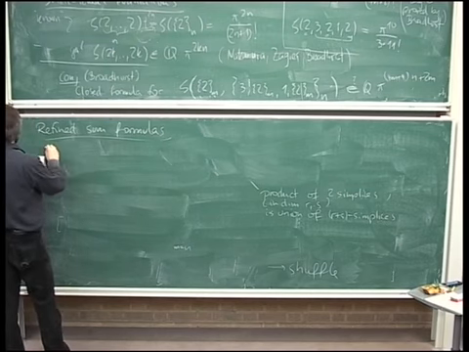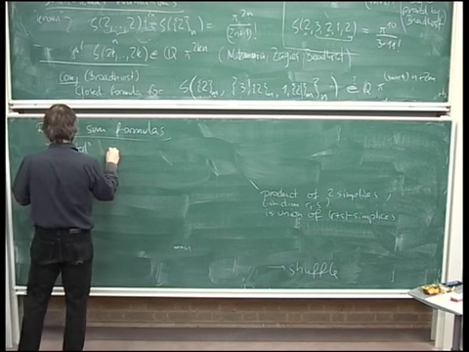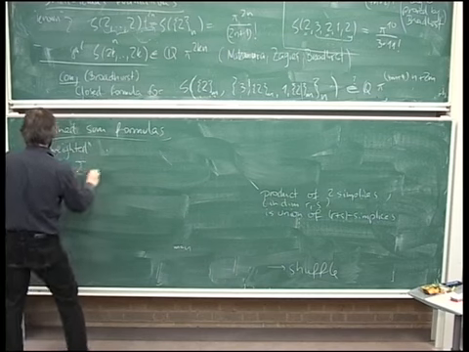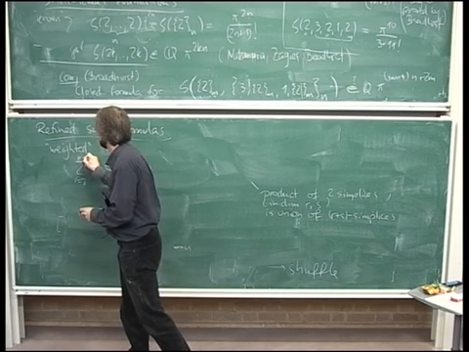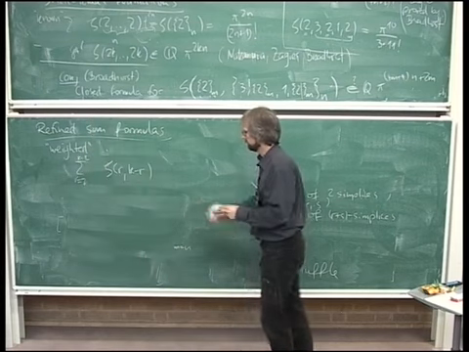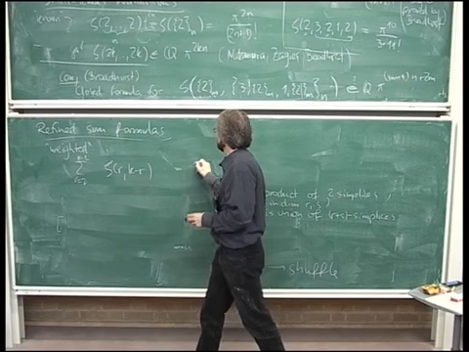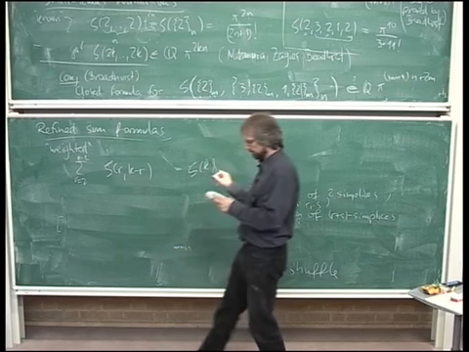There's a weighted sum formula. If you take zeta of r and k minus r for a fixed k, and you let r run as before from 2 to k minus 1, we know that this is equal to zeta of k.